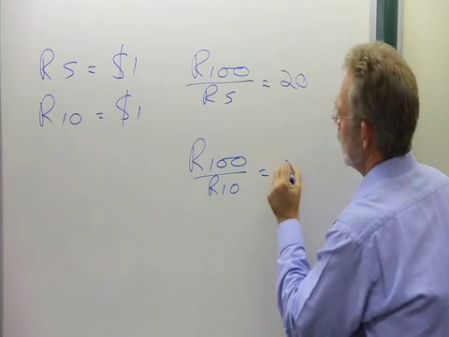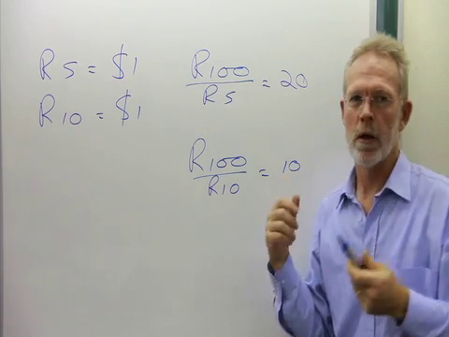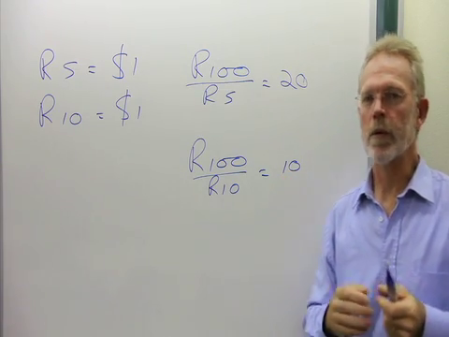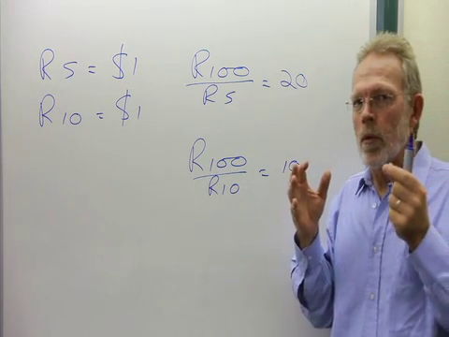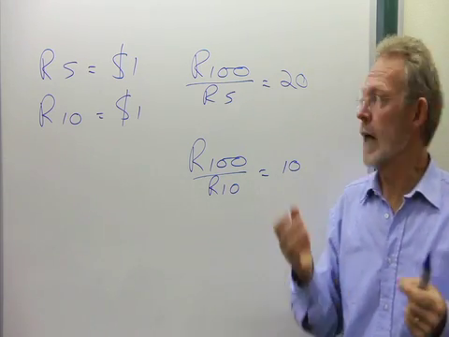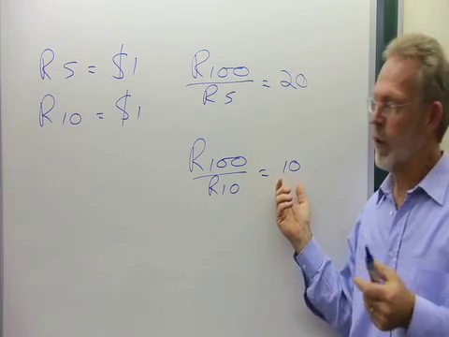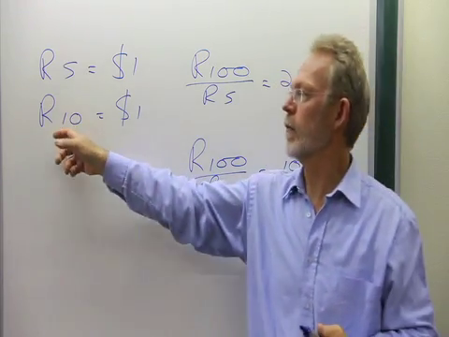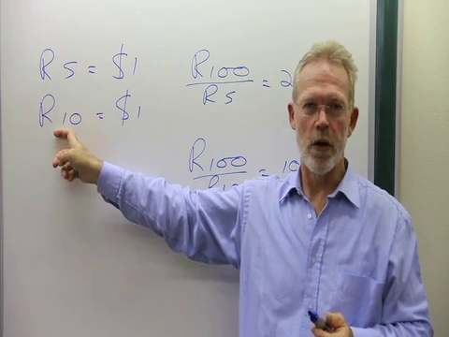In dollar terms, this case of wine costs you only $10 now. So our exports, wine, the price in America has decreased. So we can expect that exports will increase on account of the depreciation of the rand.